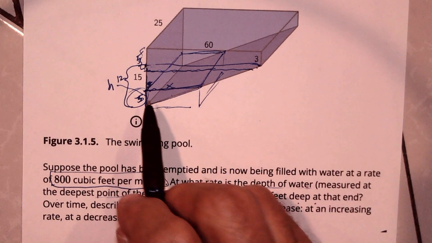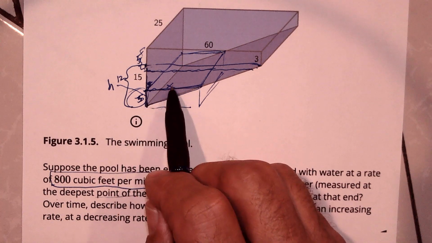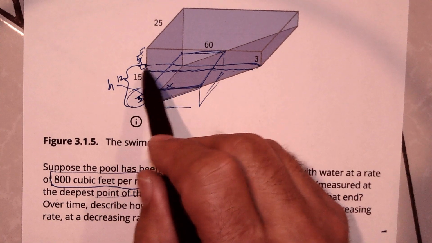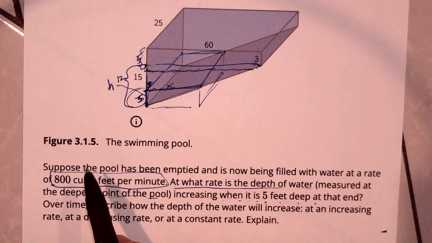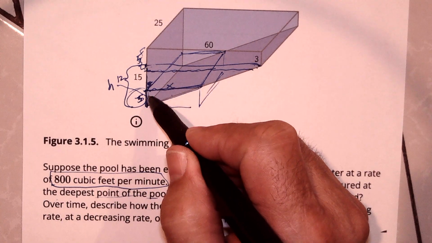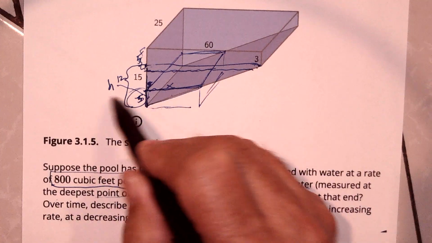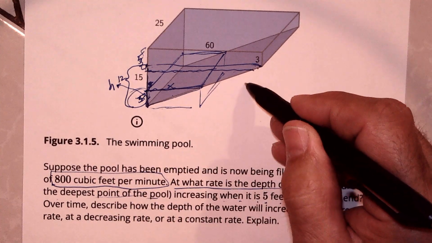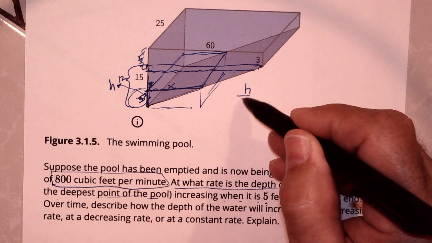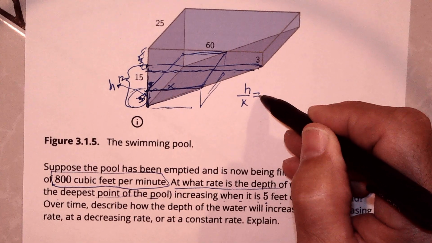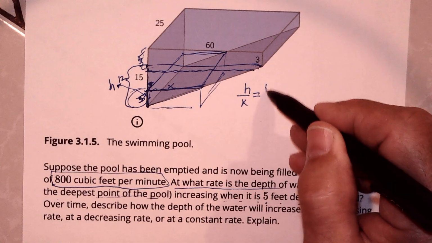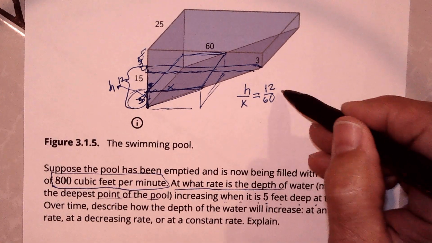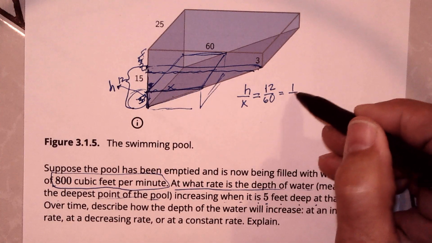So the ratio between this side and this side is the same as 12 to 60. We're going to call this the height. So H to x is 12 to 60. 12 goes into both of those, so that's 1 to 5.